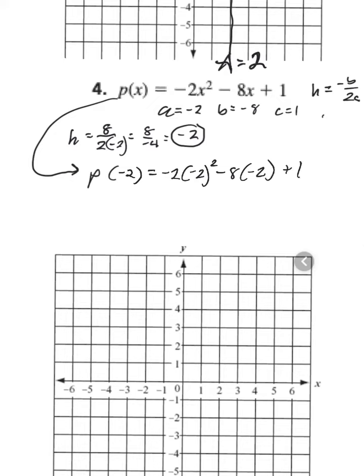That's going to give me -2 times 4 minus 8 times -2, which is +16, plus 1. -8 plus 16 is 8, plus 1 is 9. I am way off the graph again.